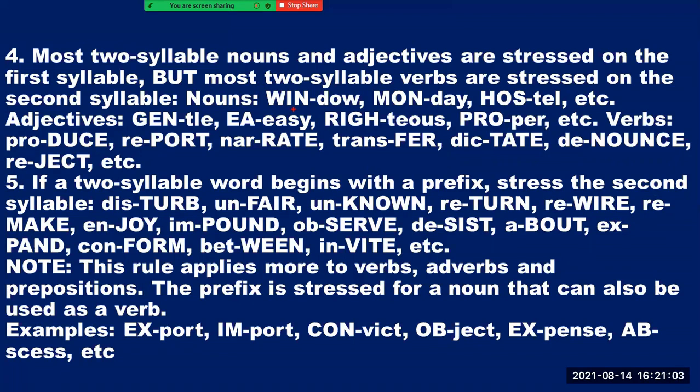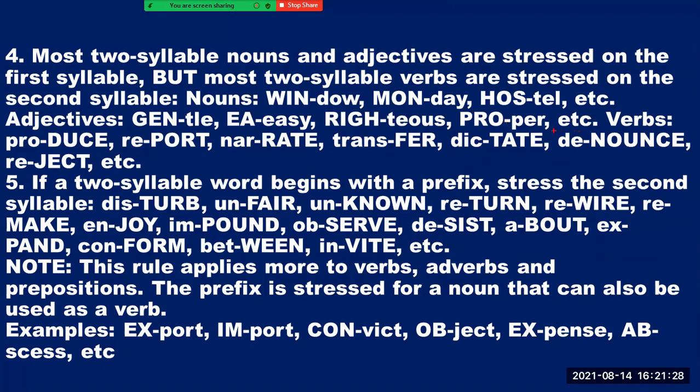We saw it when we talked about project, present, and so on. So here we have other examples: window, Monday, hostel, and so on. But when we talk of adjectives: gentle, easy, righteous, prosper, or proper.